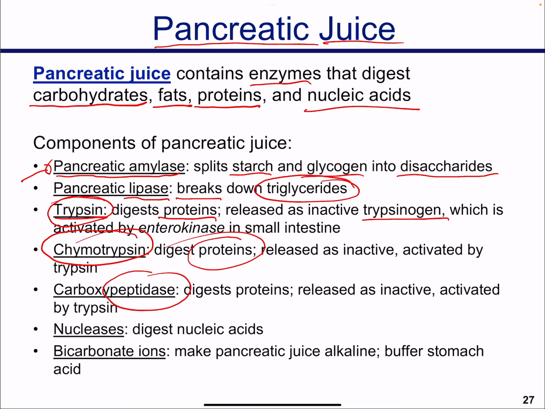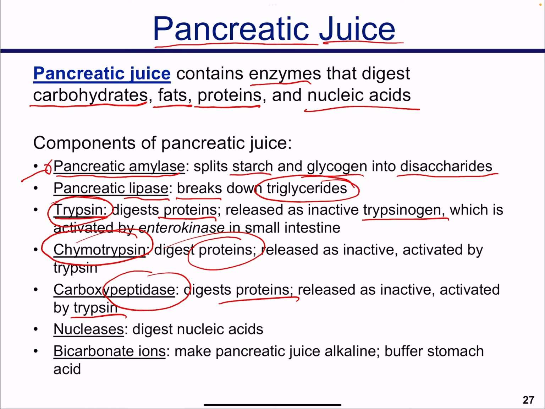The carboxypeptidase actually are activated by trypsin, and they are going to break down proteins into peptides, okay? And eventually, these peptides are going to need to be broken down, which means you're going to need other enzymes that are called peptidases. However, we are not going to address the peptidases now.